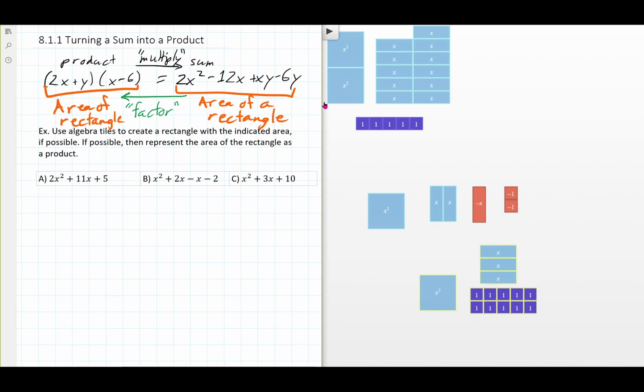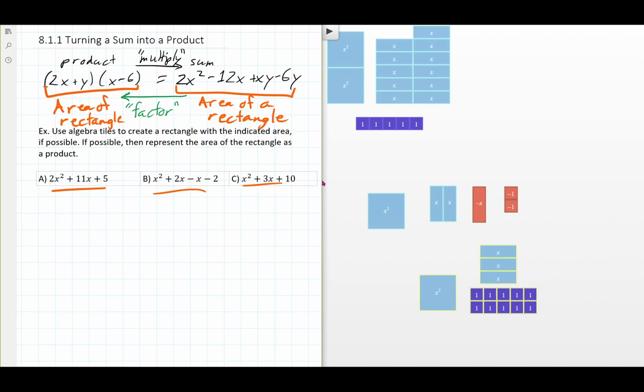For us, we would prefer to have it in factored form because that is easier to find the x-intercepts for a quadratic function. Okay. Enough of that. So let's actually just play around. What I've done here is I've come up with 3 problems for you. 3 separate problems.